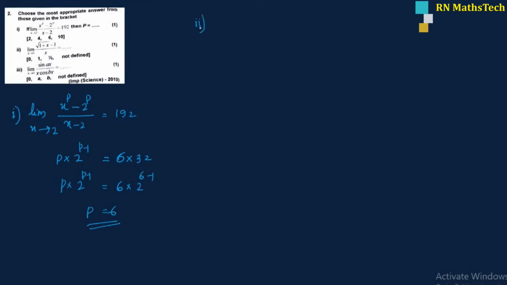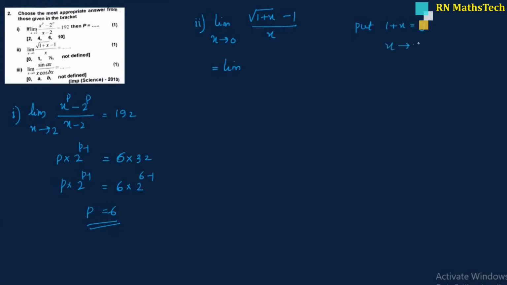Now second part, limit x tends to 0 of root of 1 plus x minus 1 divided by x. That is equal to limit, put 1 plus x equal to y.